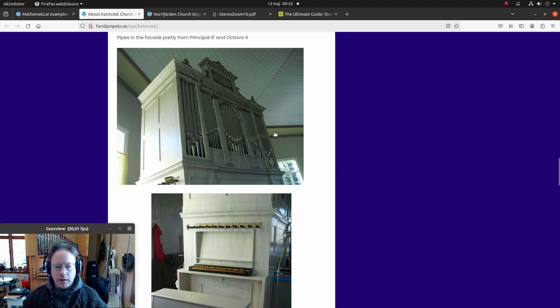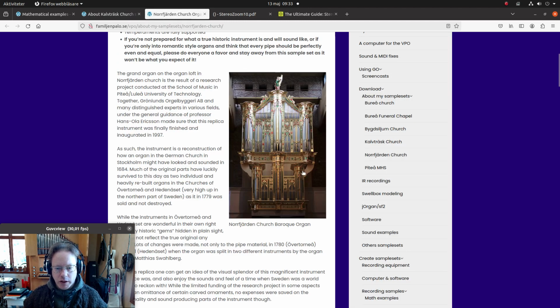But if you move a little bit away, then you will soon find a place where, okay, this gives a good balance, simply. On the other hand, most organs are on lofts and pretty high up, which means that it could be more difficult. You might have, like in this organ, a Rückpositiv that will be much, much closer than the main organ, and then the Oberwerk up here, and then you have a pedal behind all this.